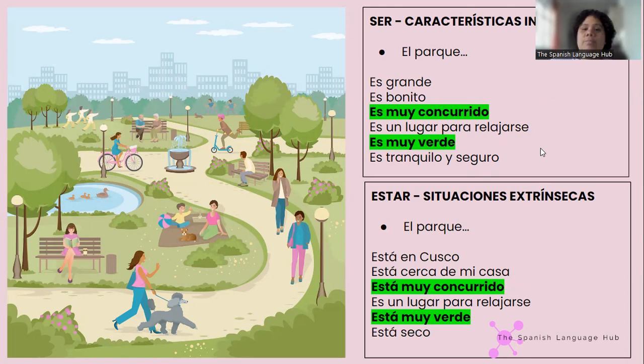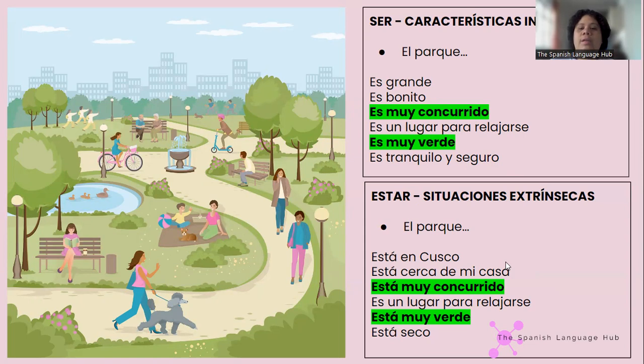So, in here, I'm giving characteristics to the park. Imagine that I'm describing this place that I really like to a person, and that's when I use ser, because this is how I see the park, how I describe the park. These are the characteristics of the park.